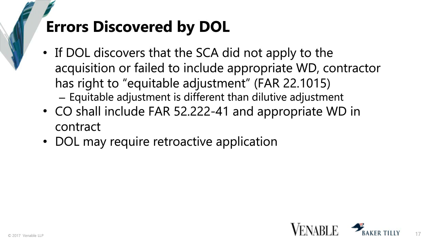On the next slide, this is an interesting provision in the FAR. You're not going to find this in the Service Contract Act related clauses, but you'll find it in the FAR.